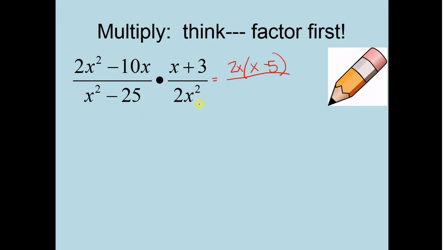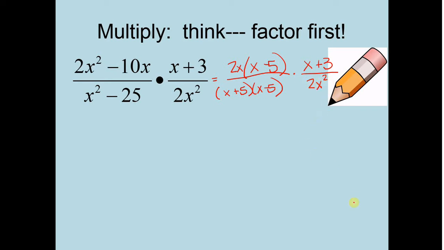That's the difference of perfect squares, so that's going to be x plus 5, x minus 5, times x plus 3, which I can't simplify, over 2x squared.